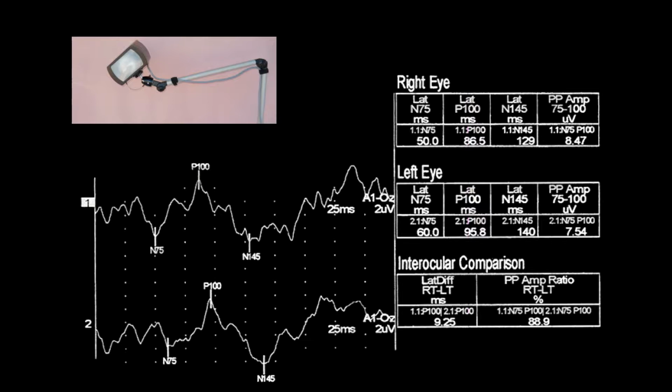A larger positive component with a latency of approximately 90 to 110 milliseconds, usually labeled P100, and a large negative component with a latency of approximately 130 to 140 milliseconds, labeled N135. The number implies where the peak should fall in normal adults.